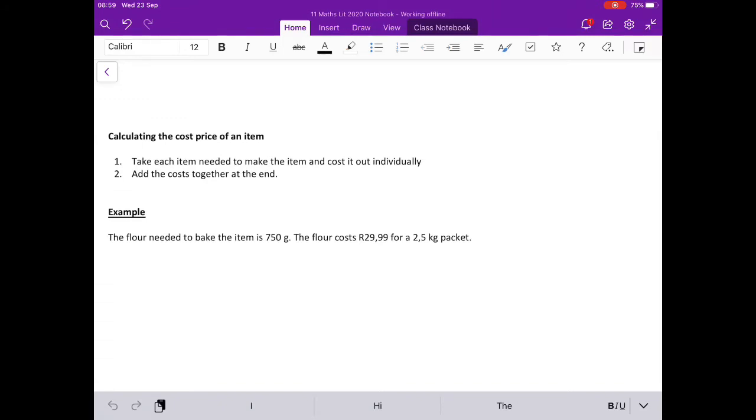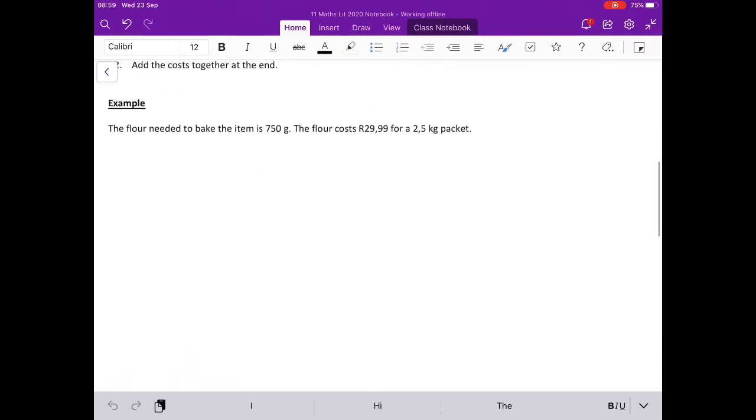One of the first things you could do is take each item that you need to make the product, or the items you're going to need for your service, plus labor, and then add the costs together at the end.